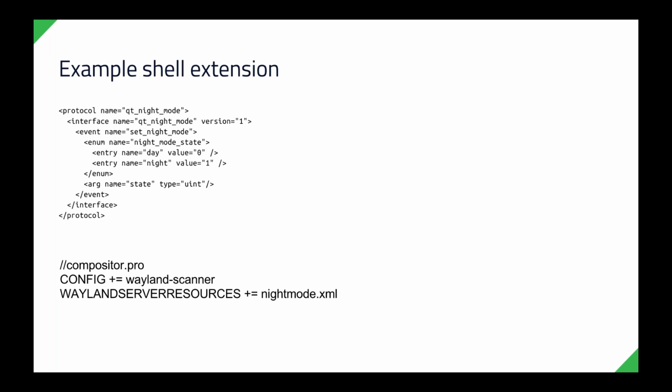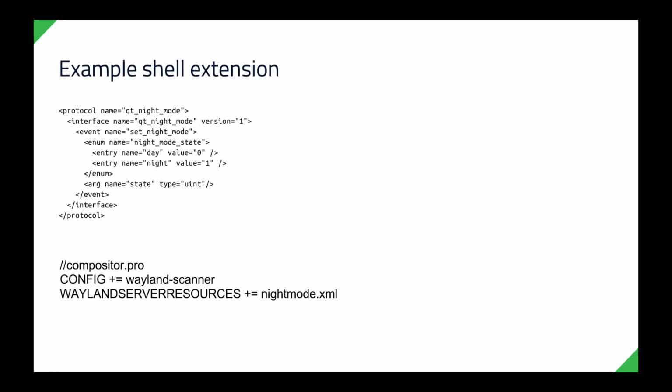So in this case, it's only one interface, and it has one event, which is set night mode, and it can either be set to day or night. So that means on the compositor side, you would need to call the function generated for set night mode when you want to, and you also need to instantiate the shell extension object.